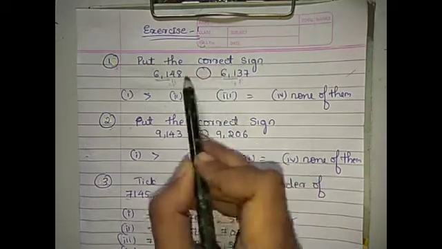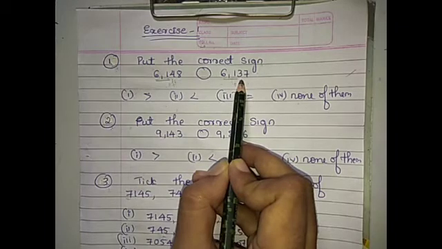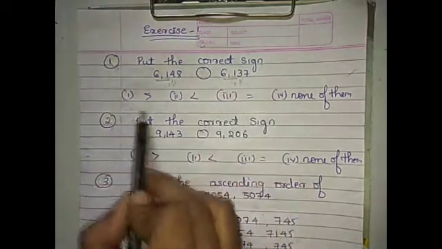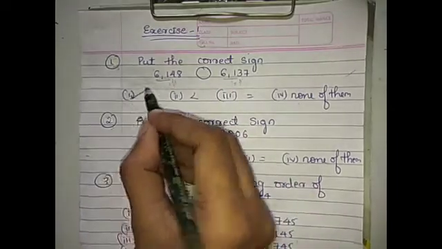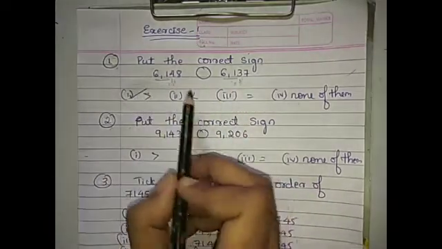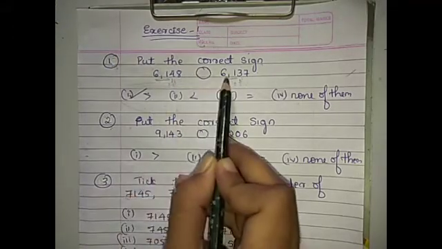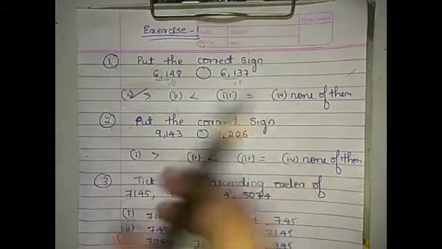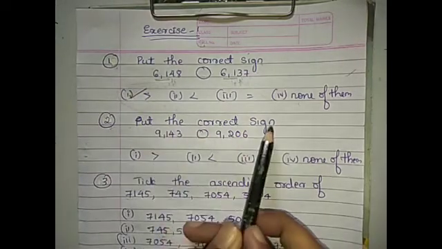Clearly 4 is greater than 3. That means which option is correct here? This first option is correct. 6148 is greater than 6137.